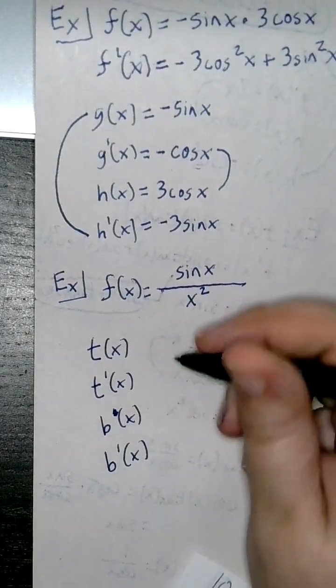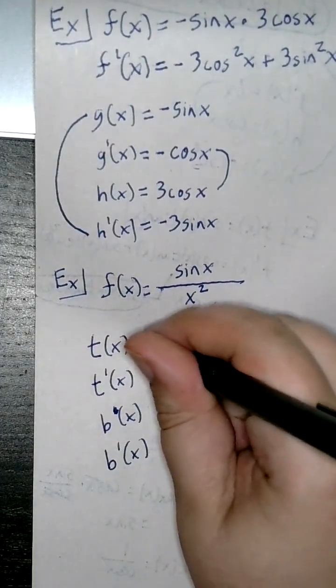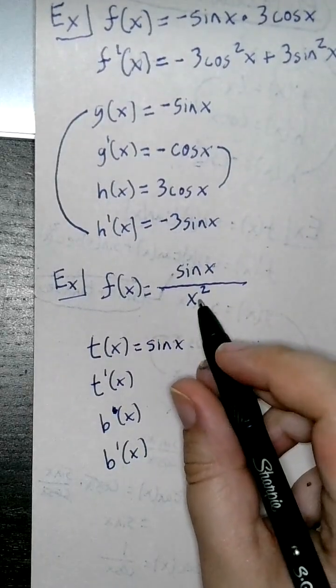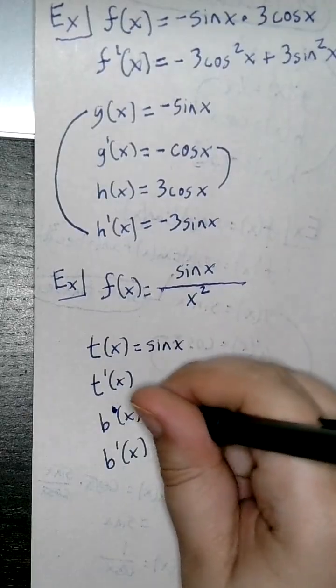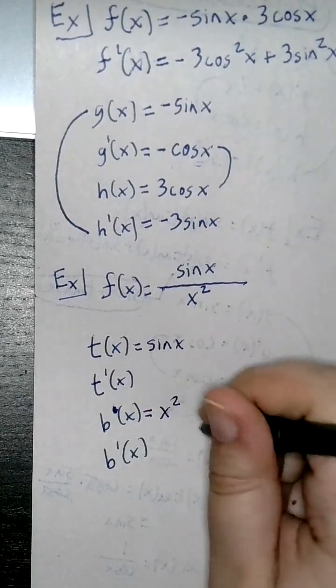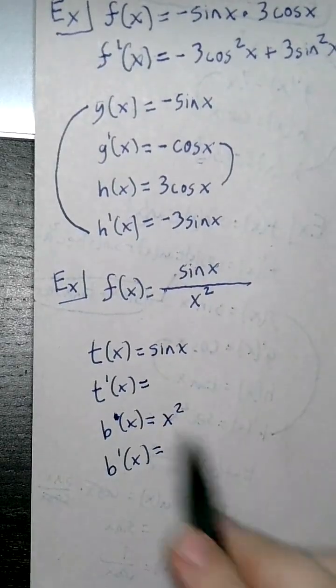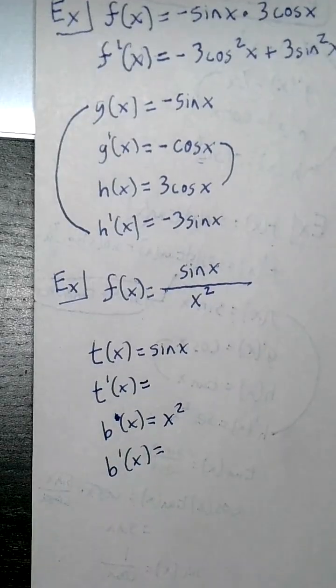What's in the numerator? Well, that's sine x. And the bottom, what's in the denominator? That is x squared. What goes into t prime? What is t prime of x?